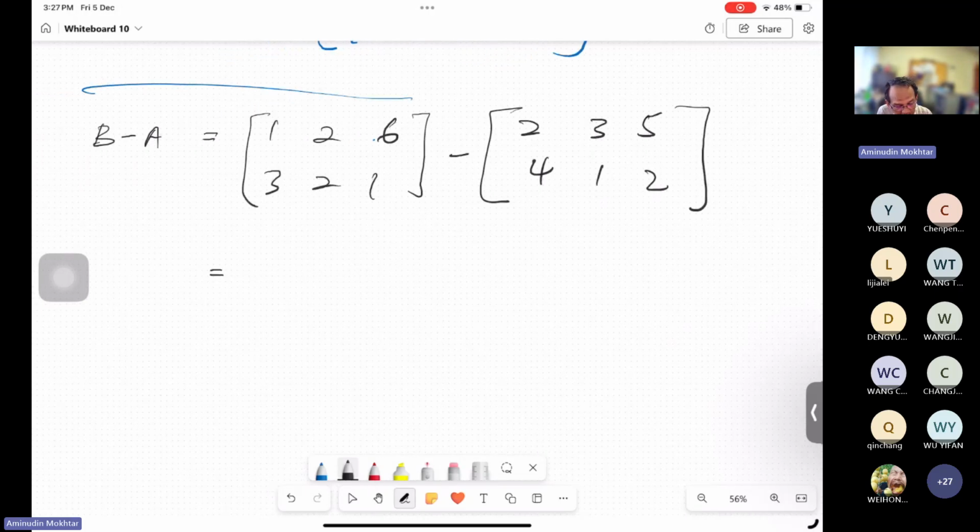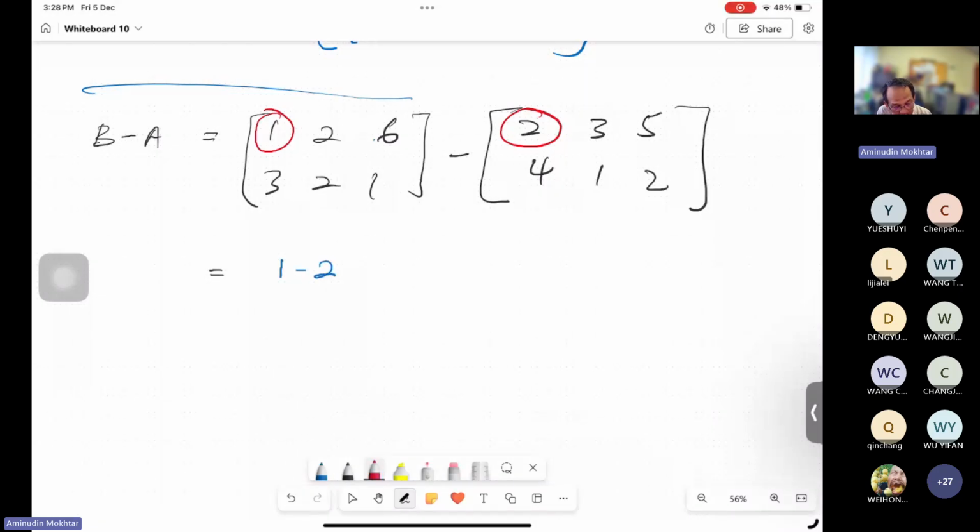So again, the process is similar to the matrix addition, but for the matrix subtraction, we need to subtract every element. In other words, the first element of B minus the first element of A, which is 1 minus 2.